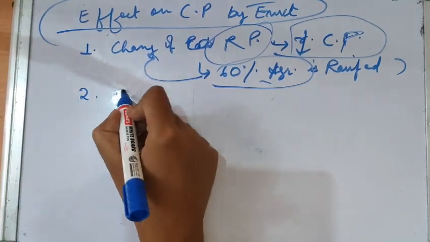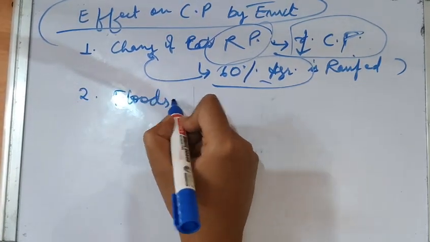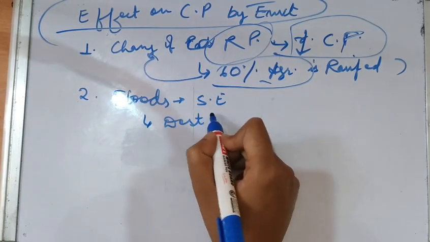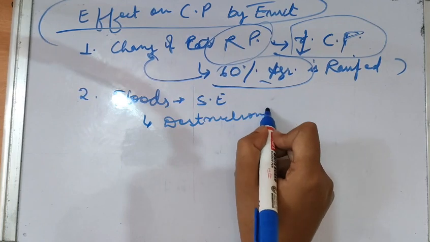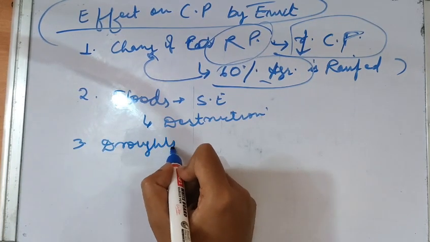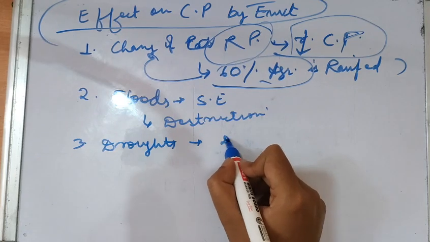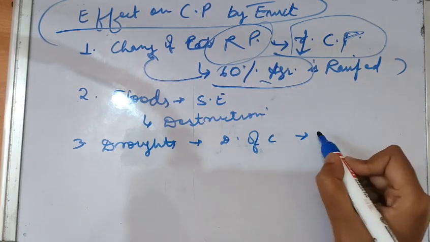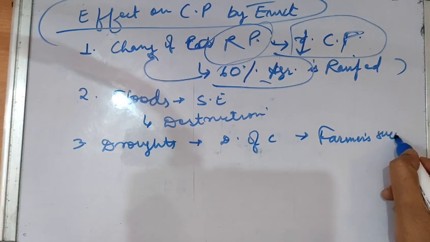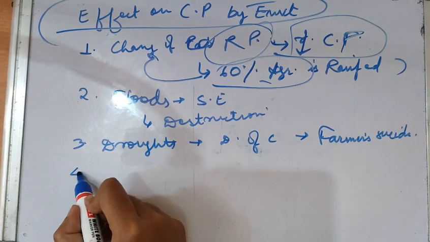Moving next, floods lead to soil erosion, destruction of crops. Then we have droughts, which also lead to destruction of crops, leads to farmer suicide. I've heard a lot of farmer suicides in Maharashtra.